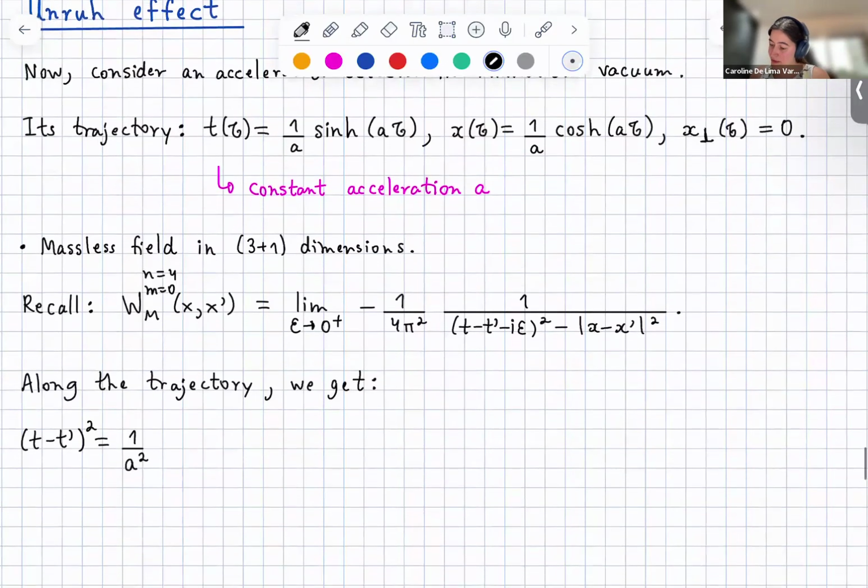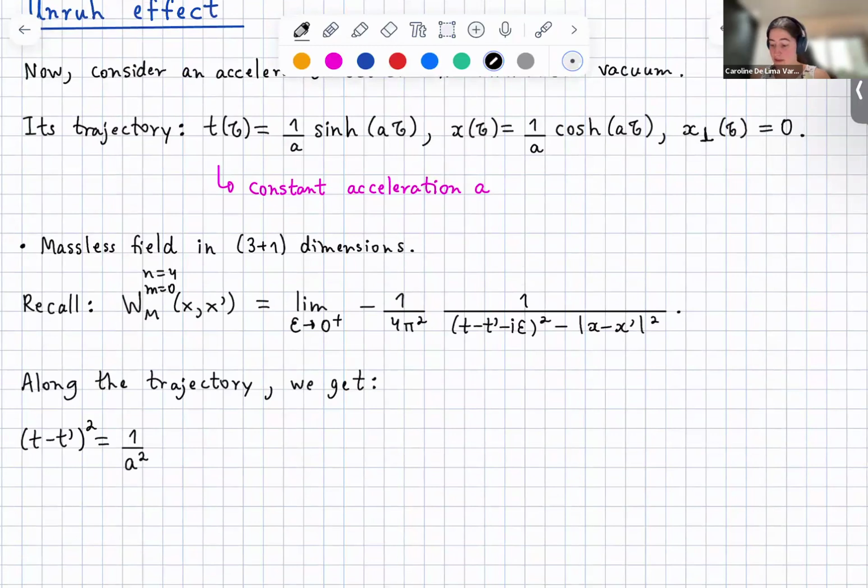Just remember what t is. This is going to be 1 over a squared times (sinh of a tau minus sinh of a tau prime) everything squared.